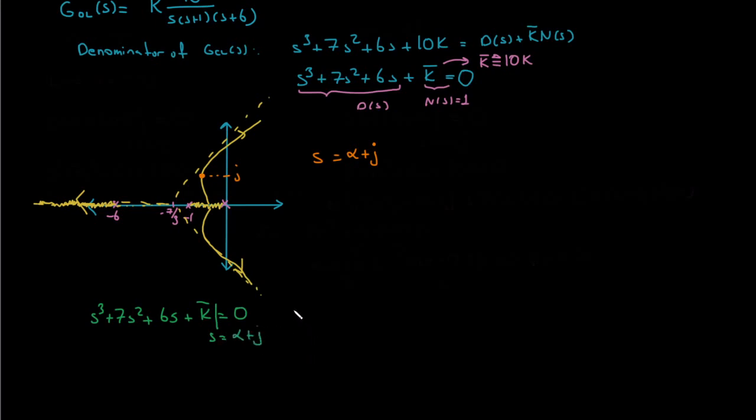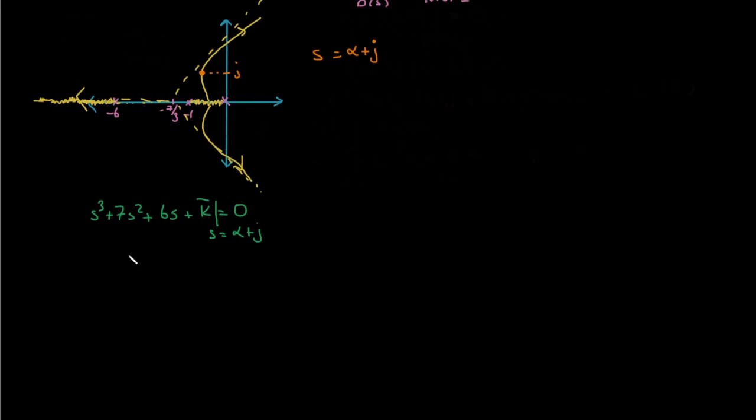Okay, so let's do that, and I will have (alpha plus j) cubed plus 7 times (alpha plus j) squared plus 6 times (alpha plus j) plus k bar equals 0.